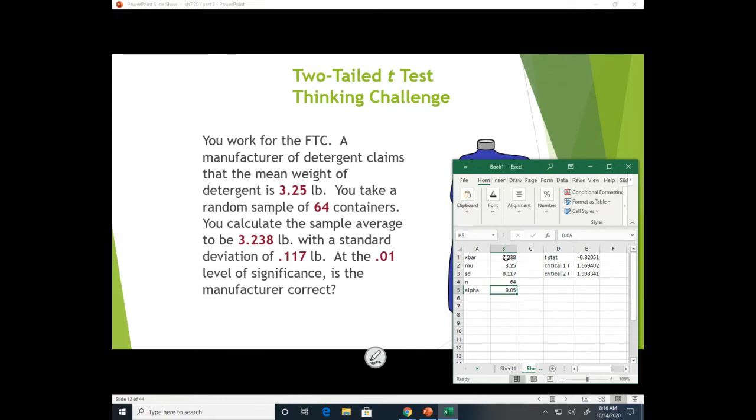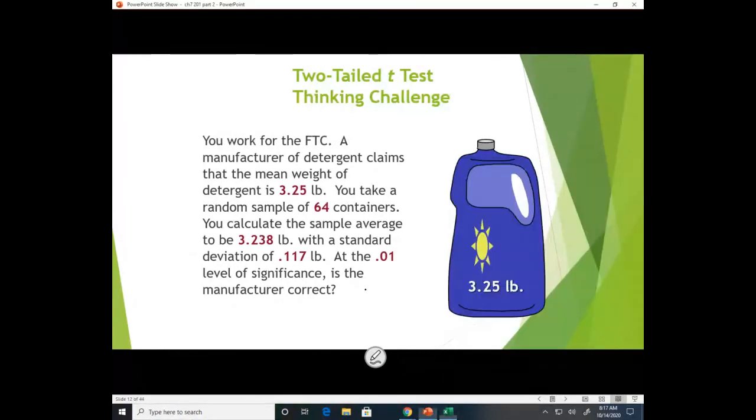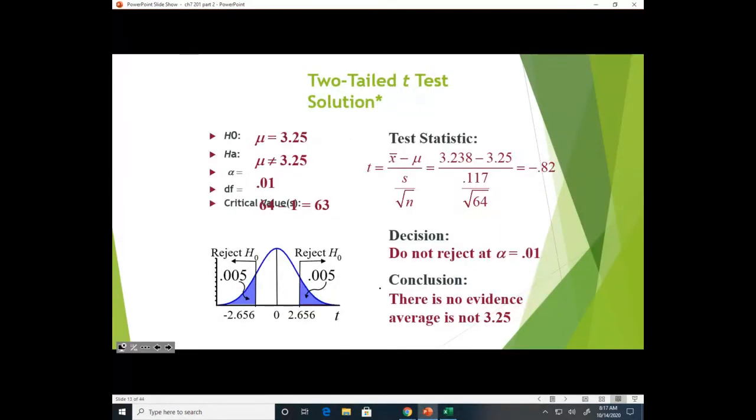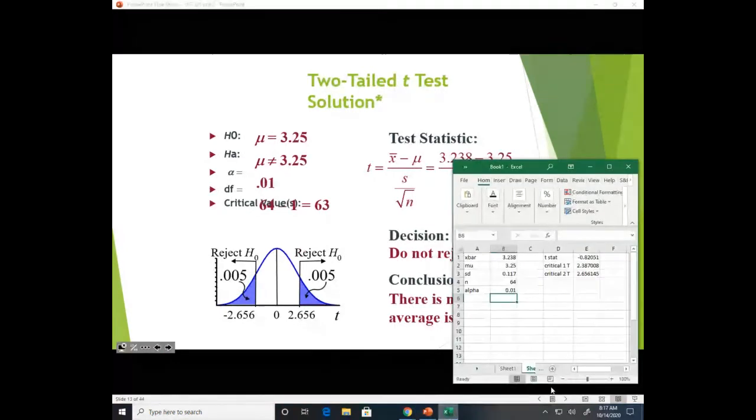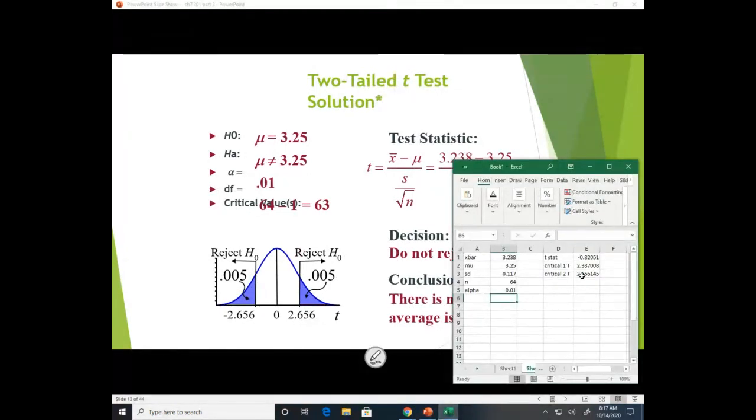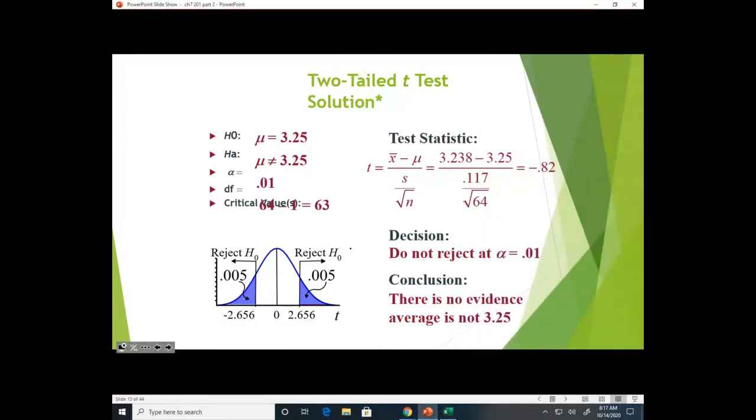We're interested in the 1% significance level. So it calculates it all out for us, and it should match 2.65, negative 0.82. So our calculator works.